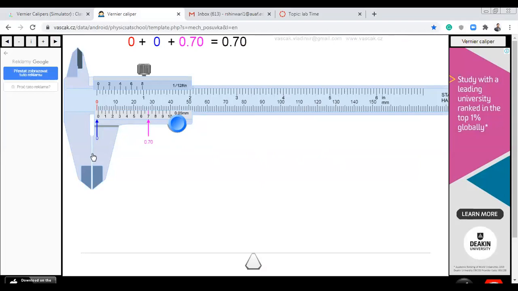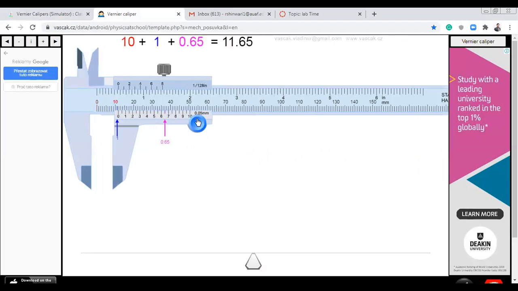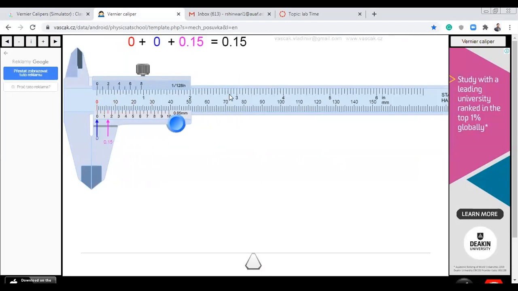This one is the lower jaws, this one is the upper jaws, and there are two scales, one length scale, this one. This one is main scale. This one is movable. You can move this one. So this one is called vernier scale. You can see these are in millimeter or centimeter. These values go to 150 millimeter.